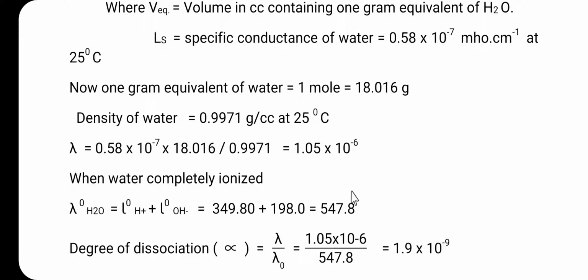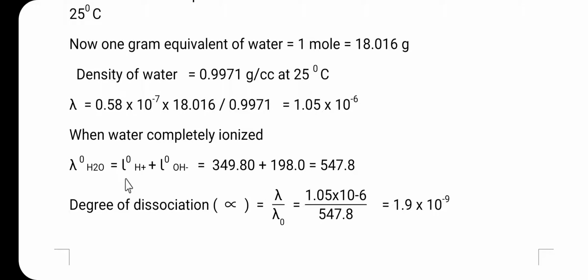When water is completely ionized, lambda 0 for the water is equal to the equivalence ionic conductance of the H plus ion at infinite dilution plus the equivalence ionic conductance of the OH minus ion at infinite dilution. Directly from the table we can substitute these two values, and these values are 349.80 plus 198.